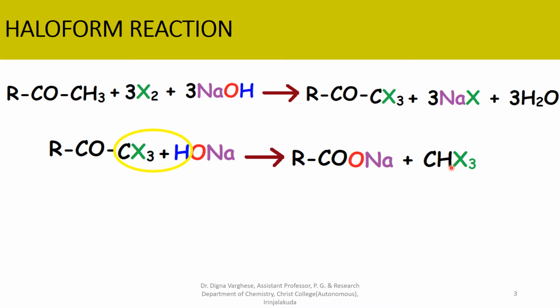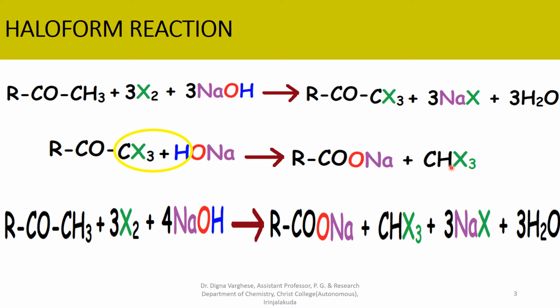So, in one step, we can write the reaction this way: methyl ketone reacts with 3 molecules of halogen and 4 molecules of alkali to form the sodium carboxylate, haloform, sodium halide and water.